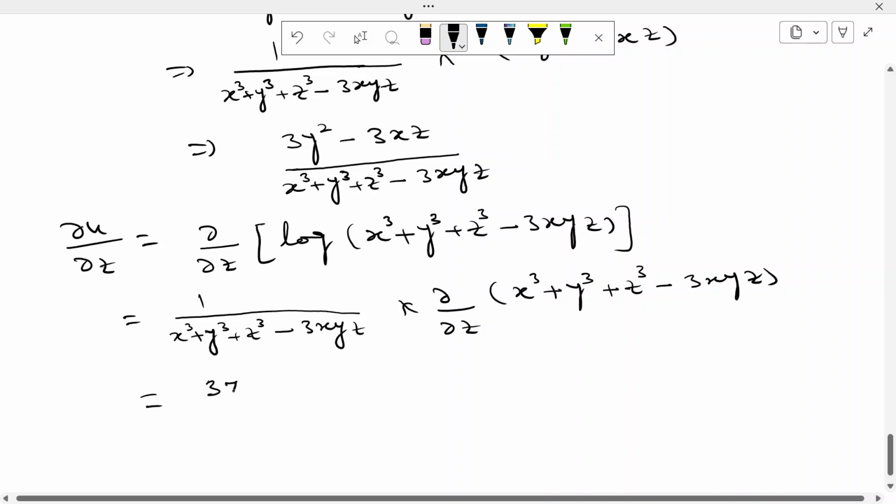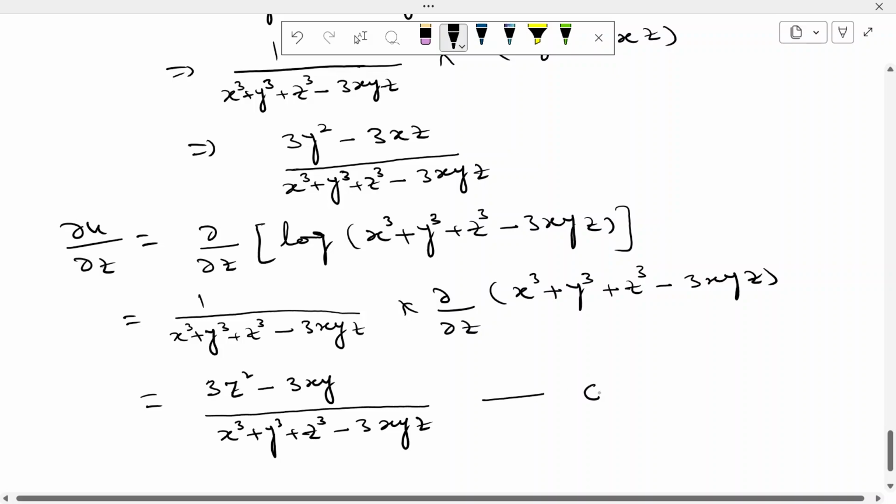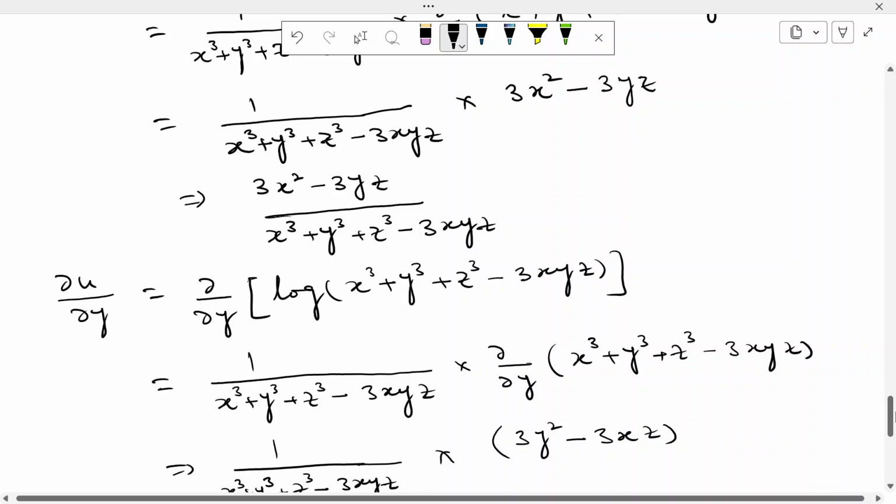So this is 3z square minus 3xy, because this 3xy is constant and the derivative of z is 1, upon x cube plus y cube plus z cube minus 3xyz. So let's mark this as C, this as B, and del z over del x as A.